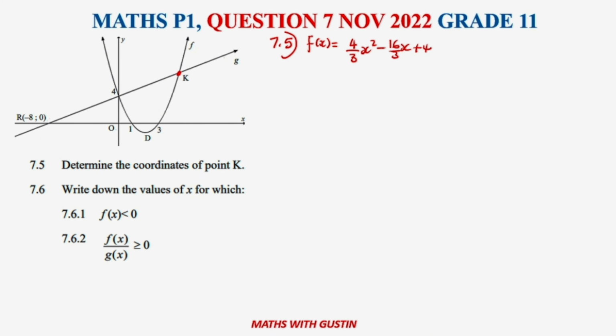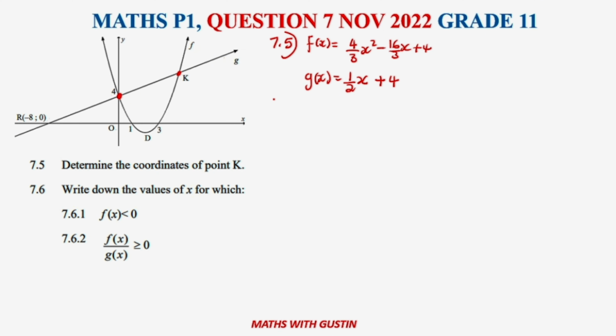Now the equation of G, we have not calculated it, but we calculated the equation that is perpendicular to it. We already know the gradient of G, so it should be easy to just write the equation of G straight away. The gradient is a half x, and our y-intercept on this graph is 4. And that's how you deal with this one.